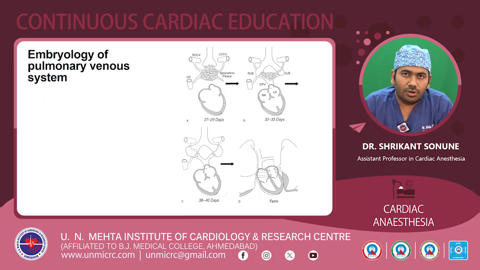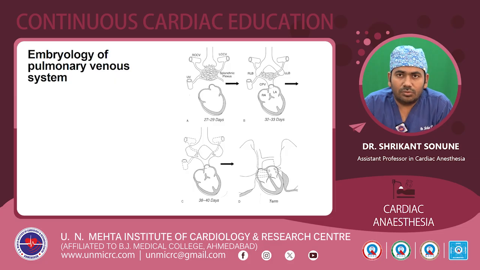The primitive foregut develops and gives the splanchnic plexus, which forms the connection for the venous drainage of the lung, especially the lung buds, which further divide into right and left lung buds. This splanchnic plexus gives branches like the right and left common cardinal vein and the umbilicovitelline vein.